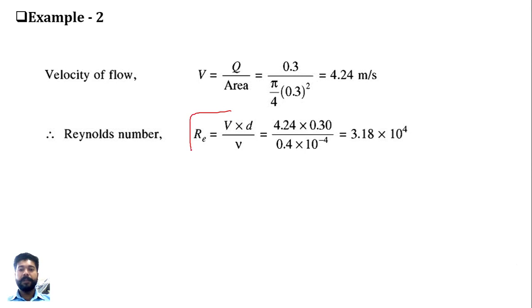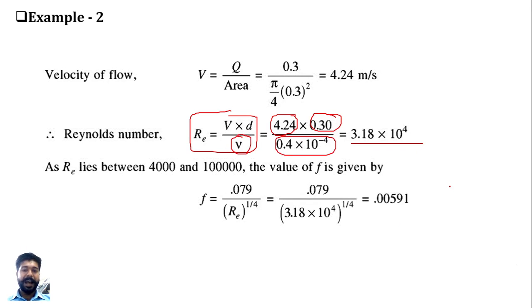Now we can find out the Reynolds number. Reynolds number is rho v d by mu. This is V, this is your D, and this is your kinematic viscosity, small v. So it is your Reynolds number. This Reynolds number lies between 4000 and 10,000, so the value of f is 0.079.